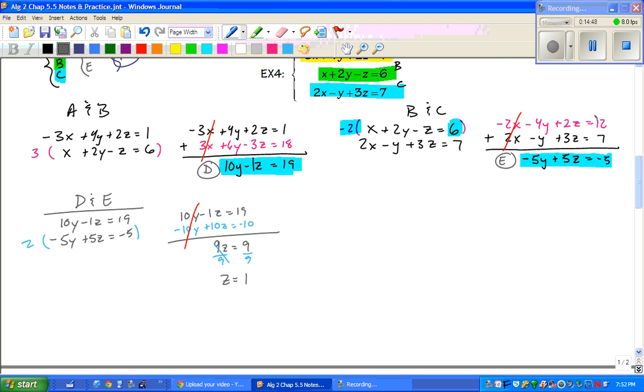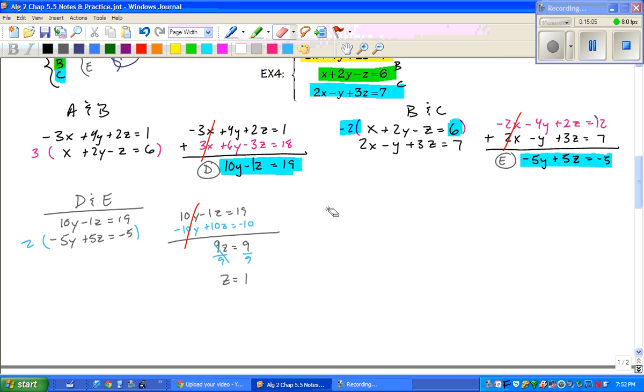Good, so now we found out what z is. Now we have to find out what y is. To find y, I'm going to plug into D right there because it's already got two variables.